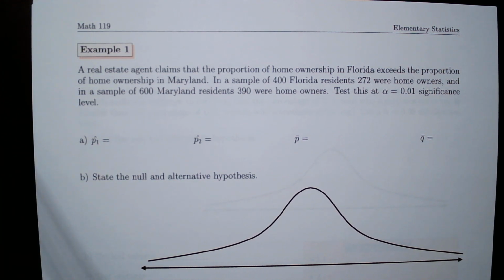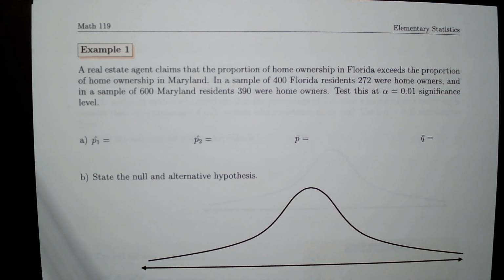In a sample of 400 Florida residents, 272 were homeowners, and in a sample of 600 Maryland residents, 390 were homeowners. Test this at an alpha equals 0.01 significance.